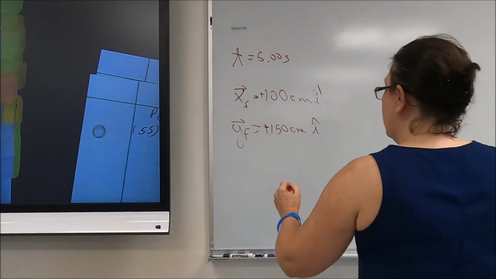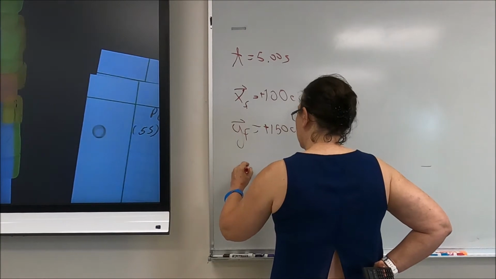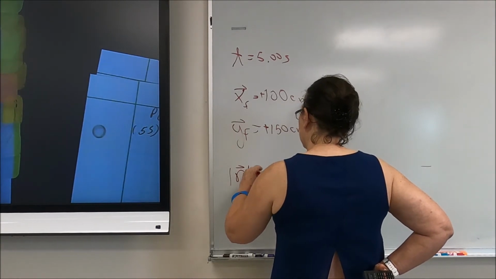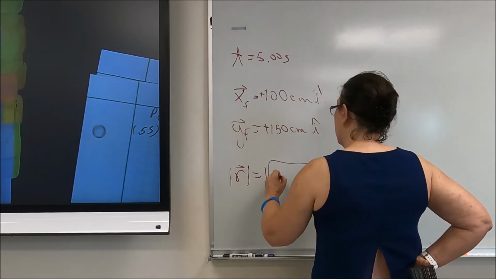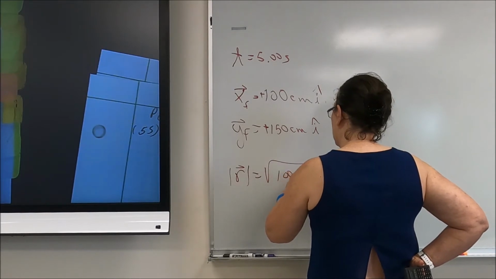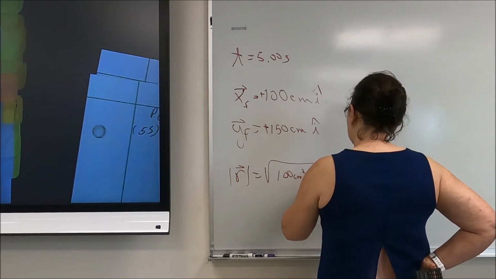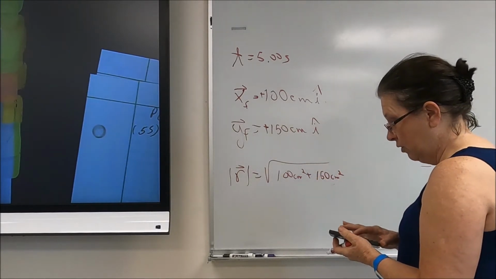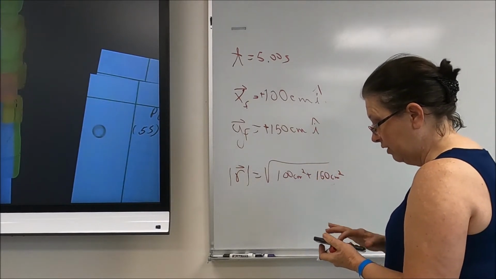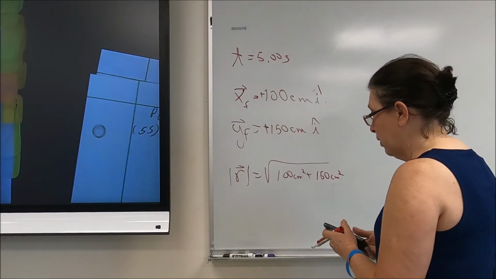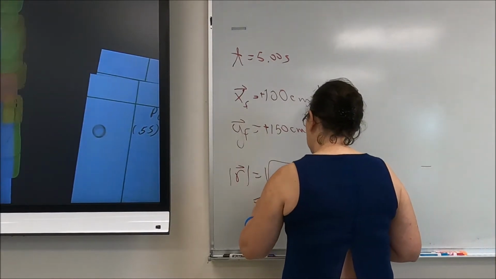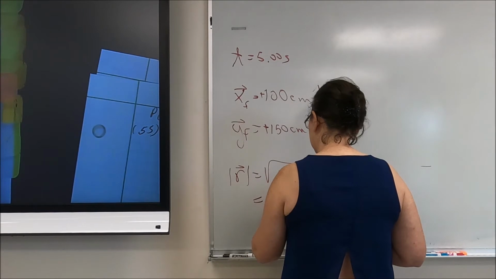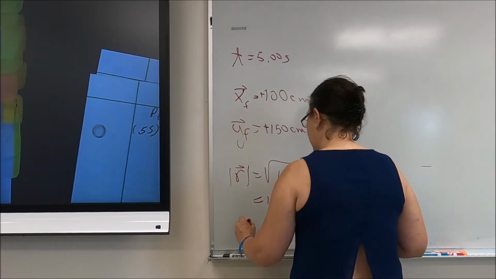So if I want to know R, the magnitude of R, it's just going to be the square root of 100 centimeters squared plus 150 centimeters squared, square root. So 100 squared plus 150 squared, take the square root, I get 180 centimeters.